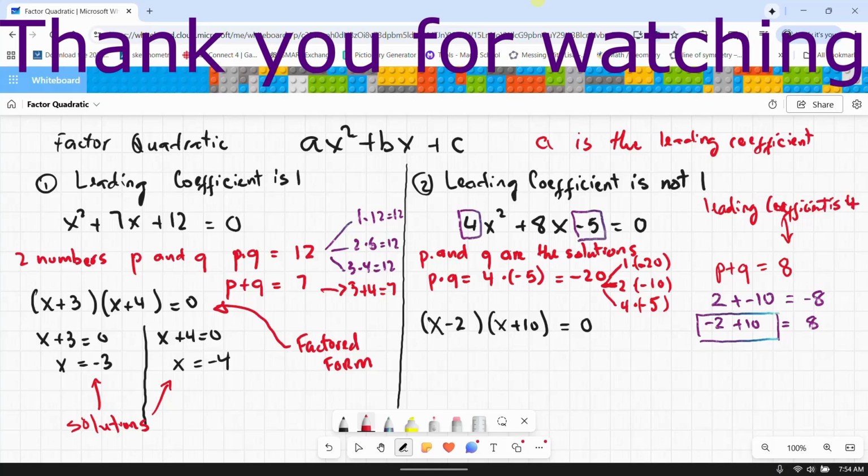So we have to divide this number by 4, not the entire thing, just the number. So what we have here: x, I'm going to simplify 2 over 4 is 1 over 2. Then x, and I also simplify 10 over 4 is 5 over 2.